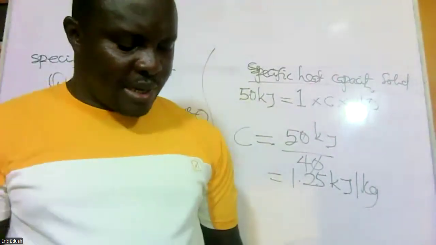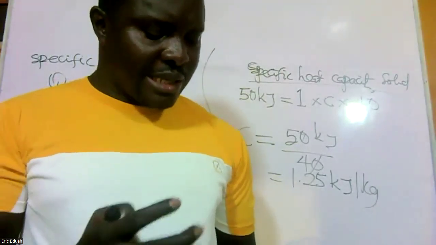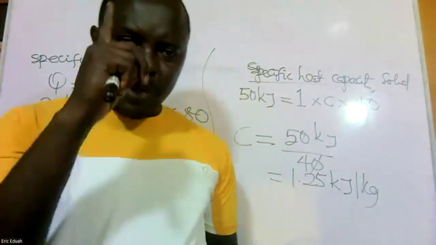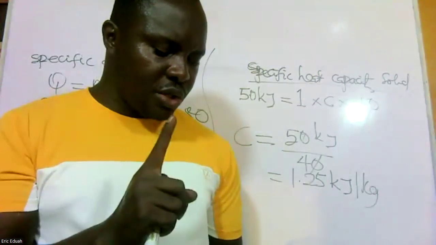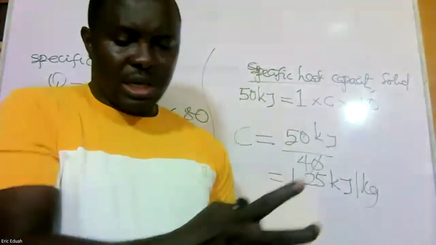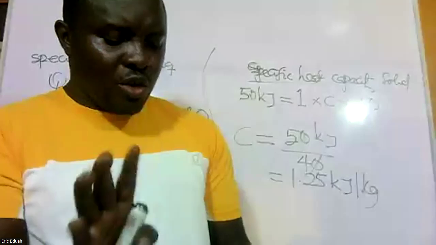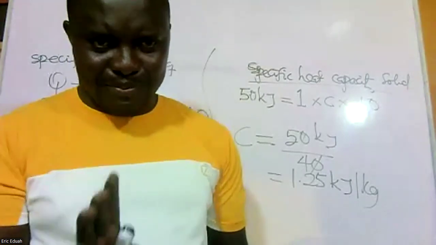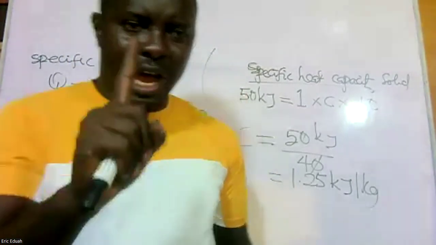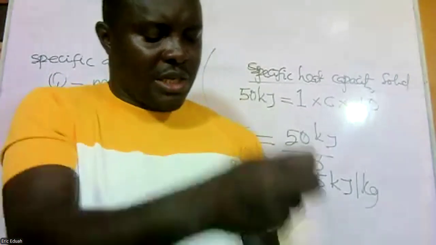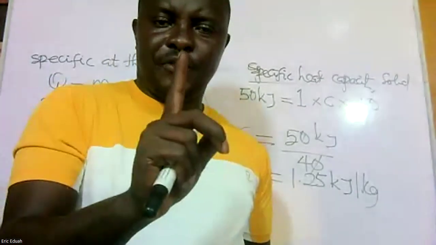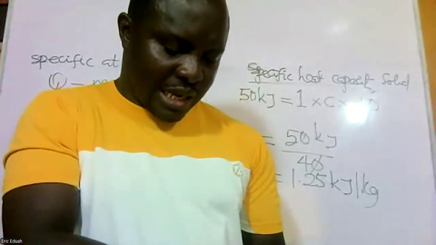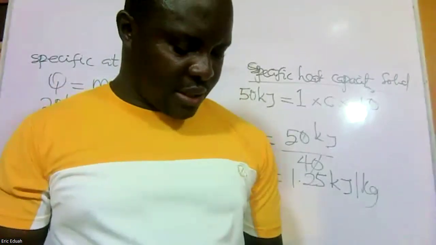Energy is removed from the substance at a rate of 2 kilojoules per minute, meaning that every minute 2 kilojoules of energy is removed from the substance. When you look at the graph, it's a graph of temperature against time. For every minute, 2 kilojoules is removed, meaning 2 minutes, 4, 6 minutes, so you must understand.